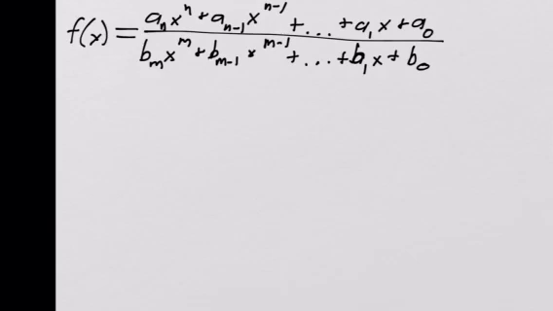It actually turns out with horizontal asymptotes, we're only going to care about the leading terms of the numerator and the denominator. But there are three cases that we have to deal with.